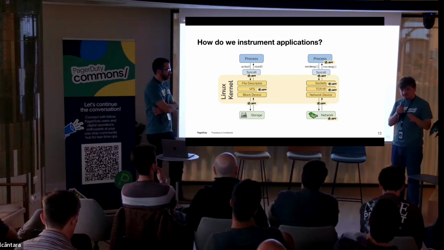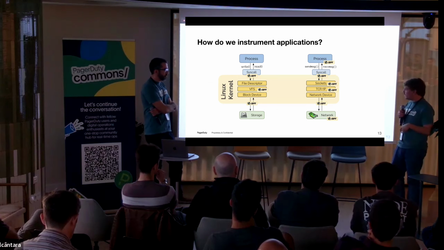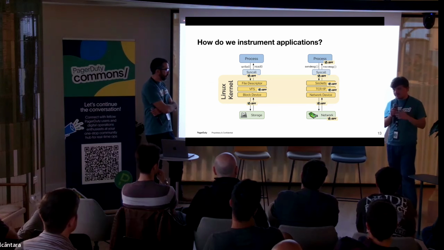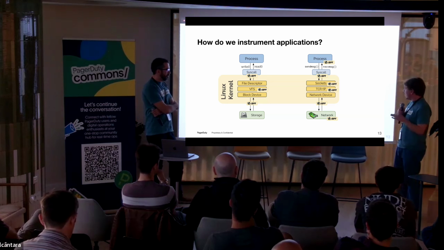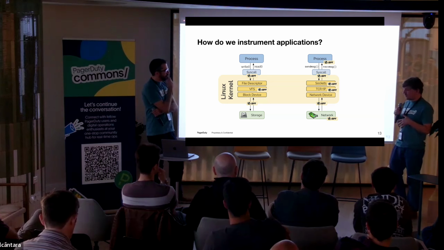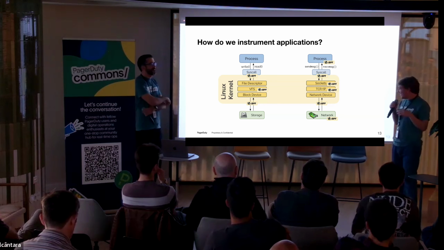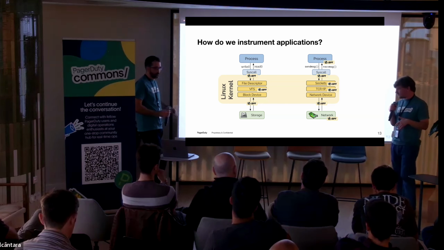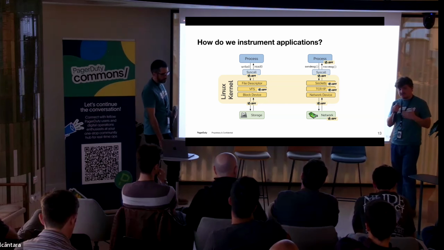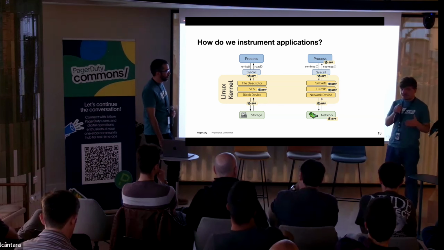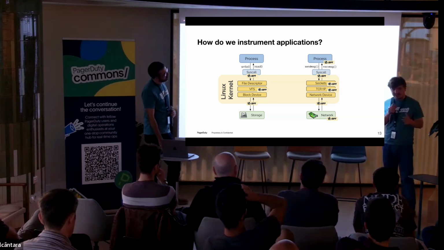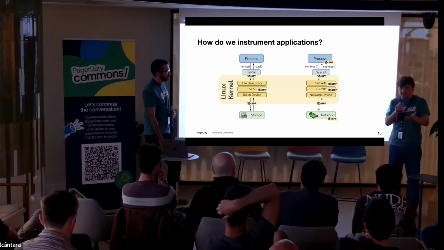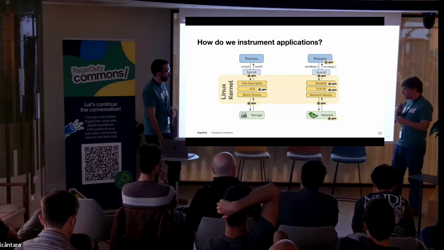But there are also fancier ways of doing this. So eBPF, for the ones that don't know, is based on a very old protocol called Berkeley Packet Filtering, and BPF basically allows you to tap into the kernel of your operating system and intercept system calls during runtime to be able to infer what kind of messages are flowing not only through the network, but also through the classical operating system calls like write and read, and fetch this information and then surface it into a logging or metrics visualization tool like Grafana.